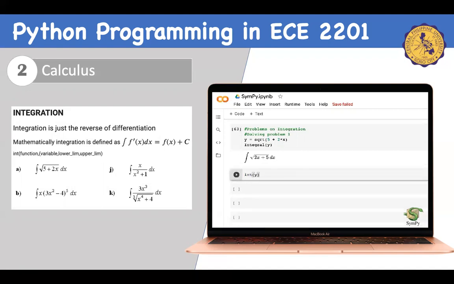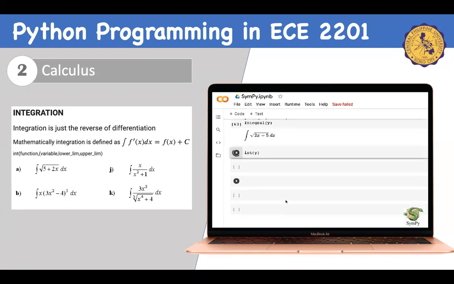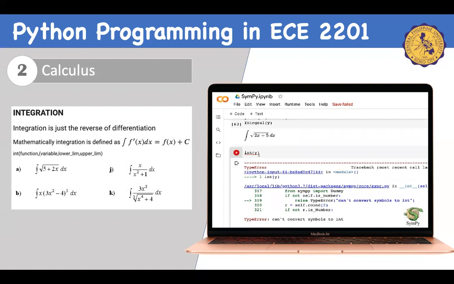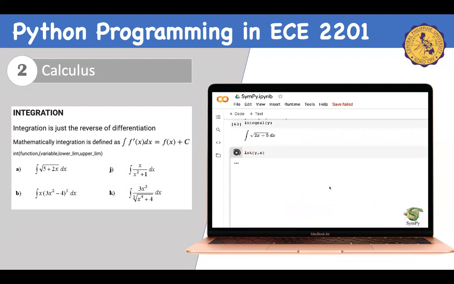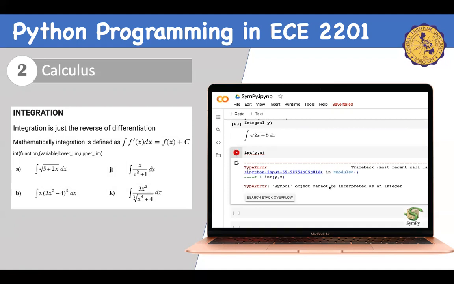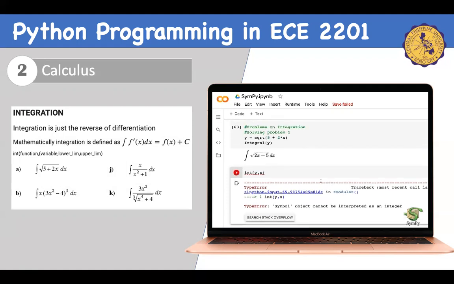Now, if you want to solve for the integral, don't use int because int is wrong. If you put x, still wrong. Instead of int, we use the function integrate. So int is used in MATLAB, not Python. So we will change this to integrate.